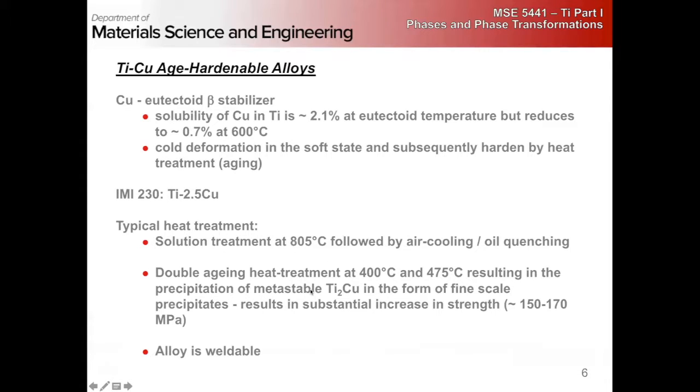So you get a precipitation of titanium-copper fine scale precipitates. These are, of course, metastable, just like the metastable phases in aluminum. These, like the other alpha alloys, are also very weldable.